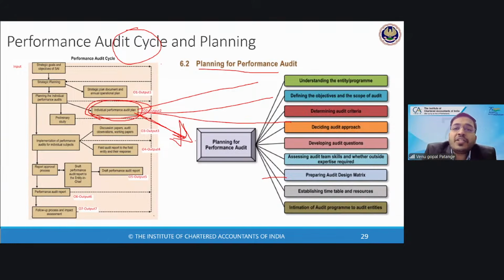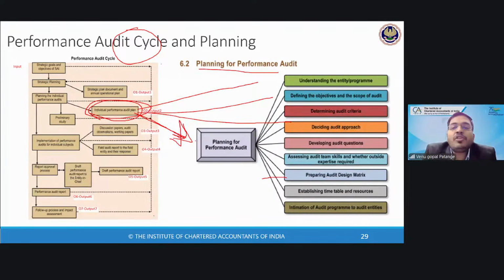So what you will do for central government, what you will do for state government, in state government, what you will do for Ministry of Finance, what you will do for Ministry of Health, what you will do for Ministry of Child and Women Development. So each department, you do planning for individual performance audit. So once you do this process, you will get an output of individual performance audit plan.